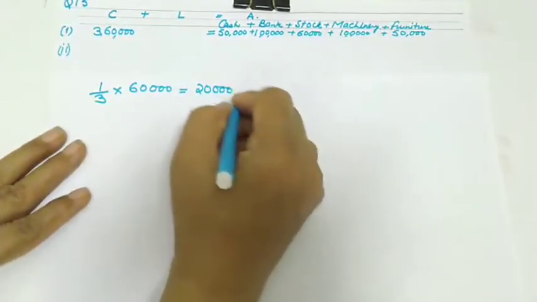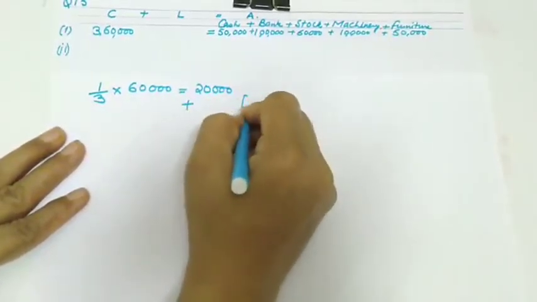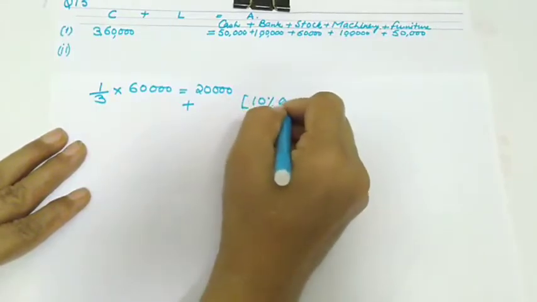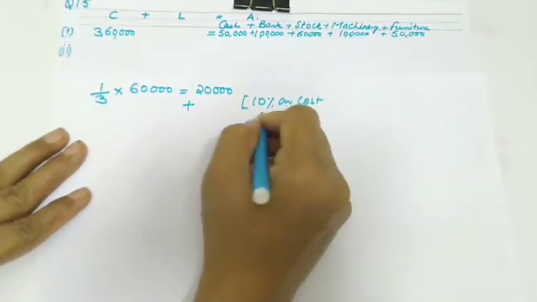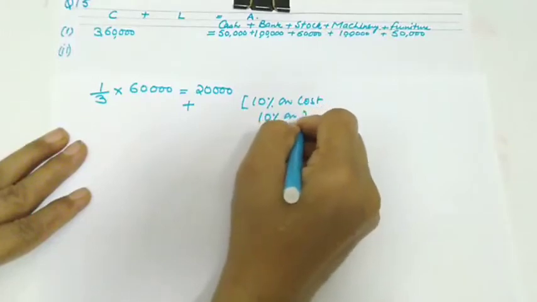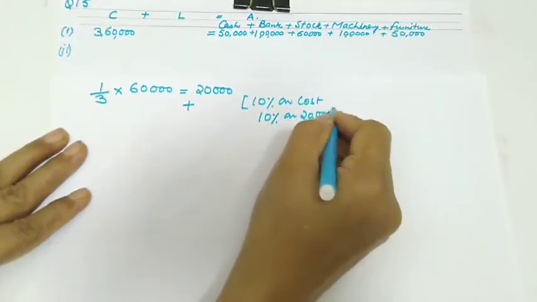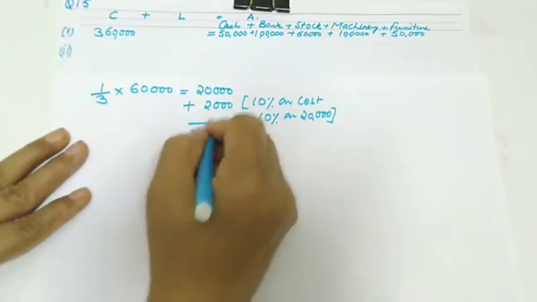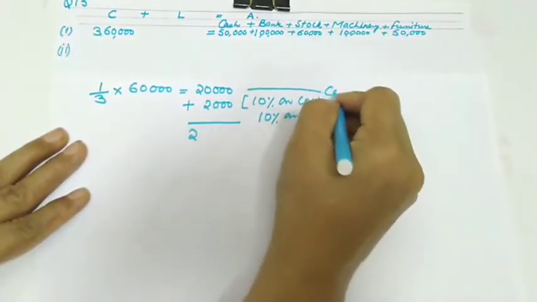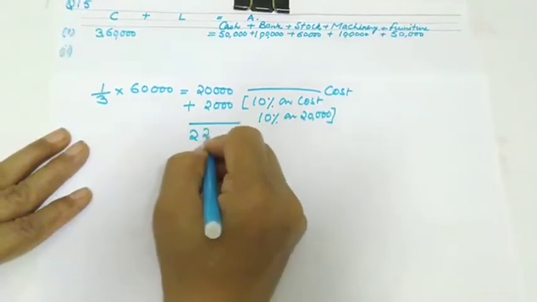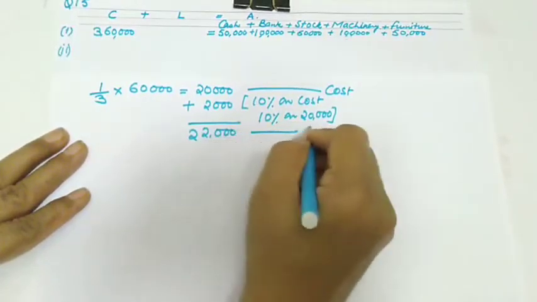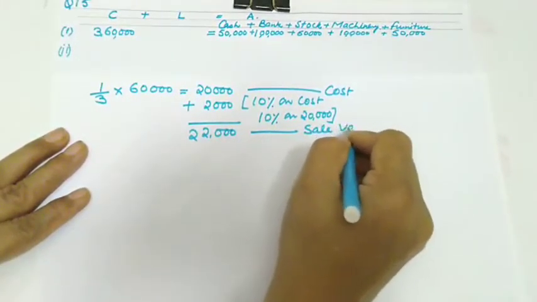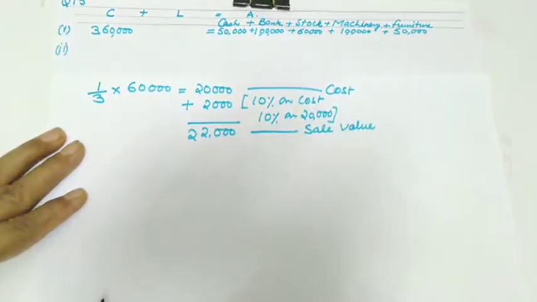So let us calculate. Add 10% on cost. 10% on cost means 10% on 20,000. So it will be 2,000. So total, this was the cost, and the sale value will be 22,000.